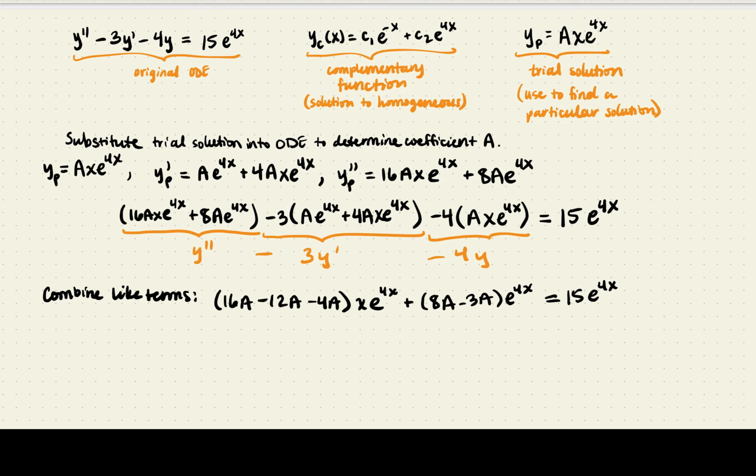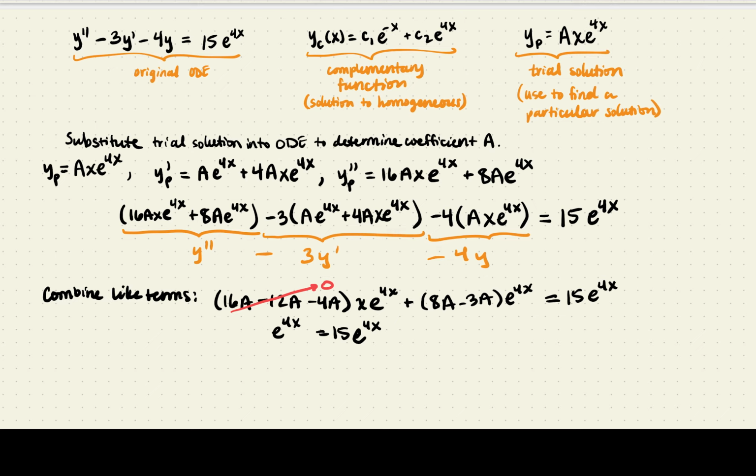Now here we've got 16 minus 12, which is 4, minus 4. So this actually goes away. This is going to be 0. And we're just left with 5a e to the 4x, that's coming from this term here, equals 15 e to the 4x.